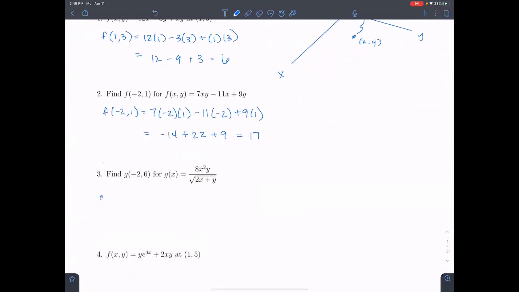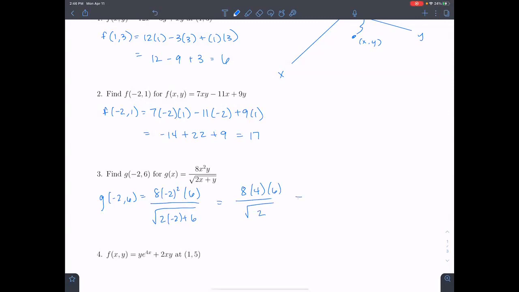This should be G of X, Y. So we're looking at G of -2, 6, which is 8 times -2 squared times 6, X squared Y, over the square root of 2 times -2 plus 6. So 8 times 4 times 6 over the square root of 4. -4 plus 6 is 2.